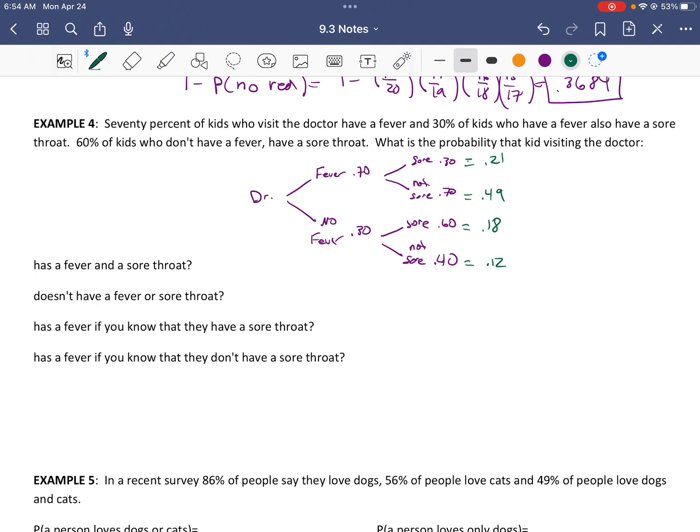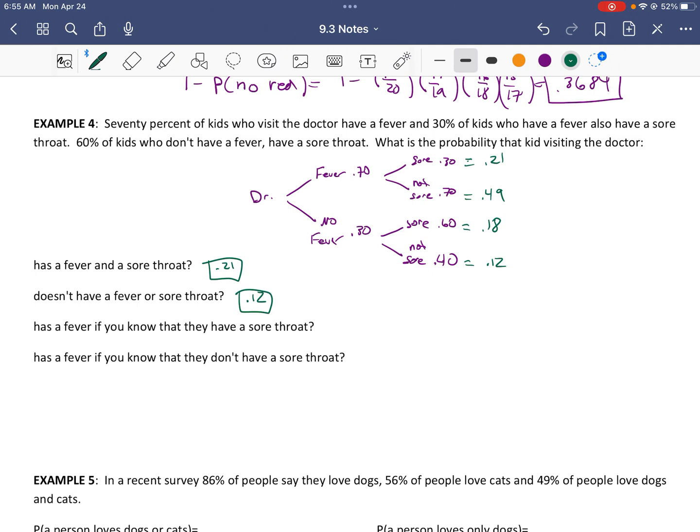Okay. All right, well, what's the probability that a kid has a fever and a sore throat? Fever and sore throat, that's that 0.21. What's the probability that the kid visiting doesn't have a fever or a sore throat? That's the 0.12. No fever, no sore throat.